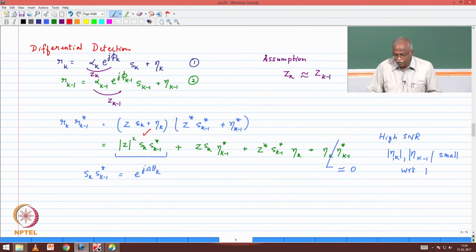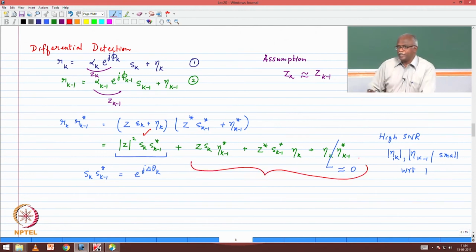What are the terms that I don't want? These are the terms that I don't want. One of them is very small. The other two look like noise. Why? Because eta k conjugate does not matter, that also looks like noise. Eta k is noise. What is it getting scaled by? It is getting scaled by two quantities.